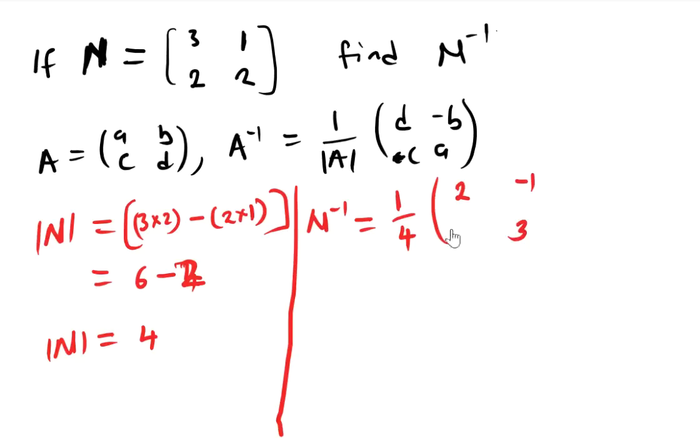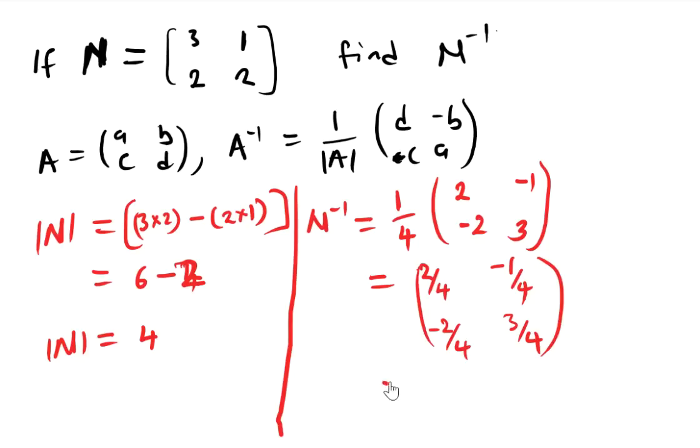We can use this to open the bracket, and we have 2 divided by 4, minus 1 divided by 4, minus 2 divided by 4 and 3 divided by 4.